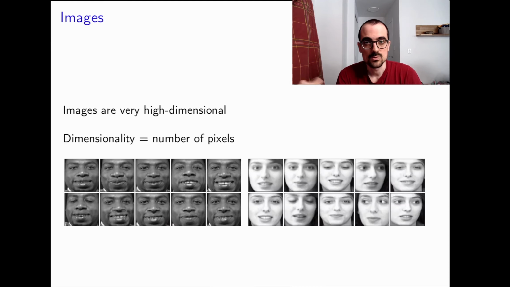As an example, when you're dealing with images, images are super high dimensional. What do we mean by that? When you think about it, what is an image? An image is a list of values of intensities at different pixels. A normal image is going to have 200 by 200 pixels, usually more if you want a high resolution image, so maybe even 1000 by 1000. The dimensionality of these data points, which is equal to the number of pixels, is 40,000 for 200 by 200.